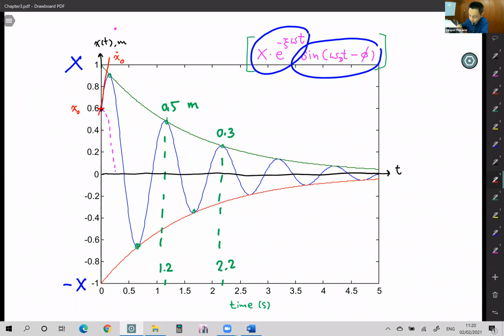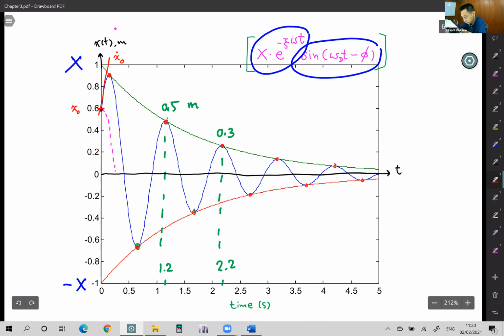Back and forth, back and forth. And every time it moves, the amplitude, when I say amplitude, I mean this one. This is my amplitude, the negative amplitude, positive amplitude, negative amplitude.